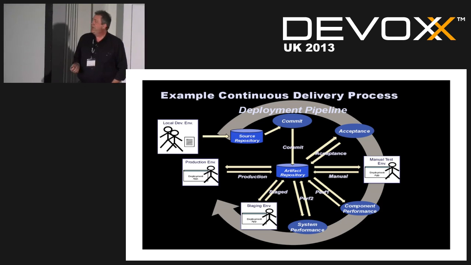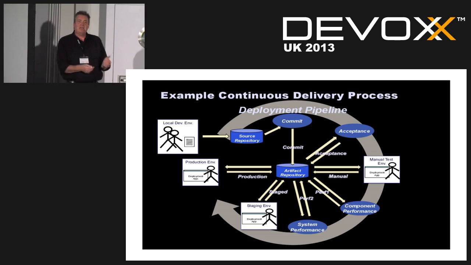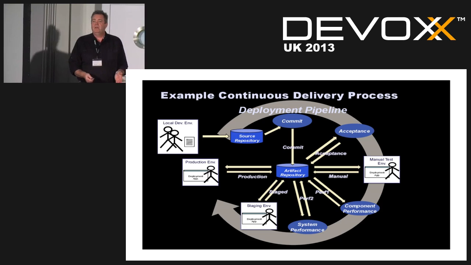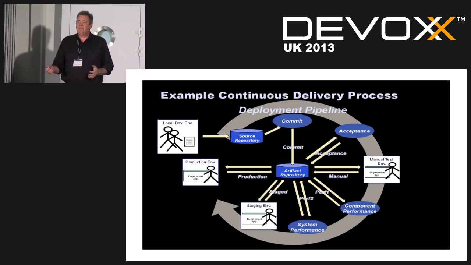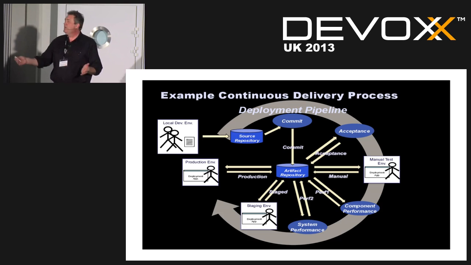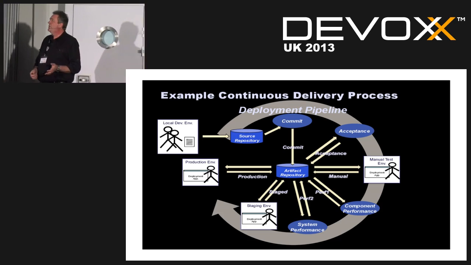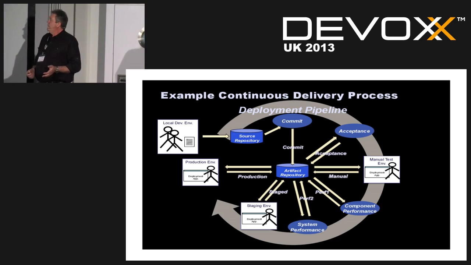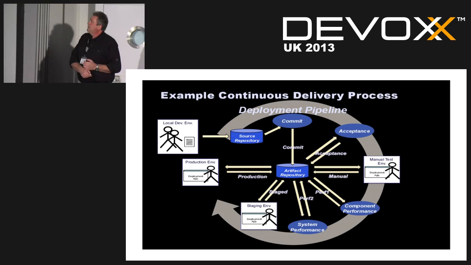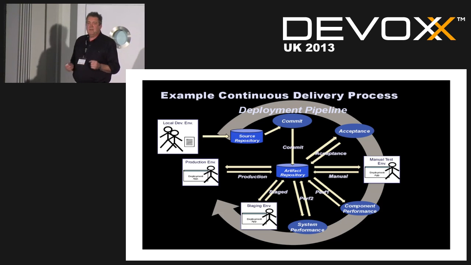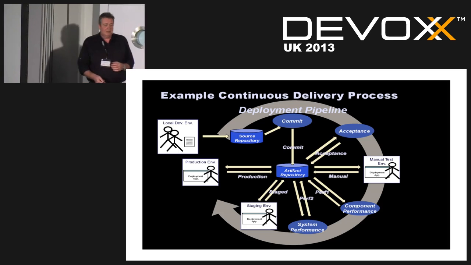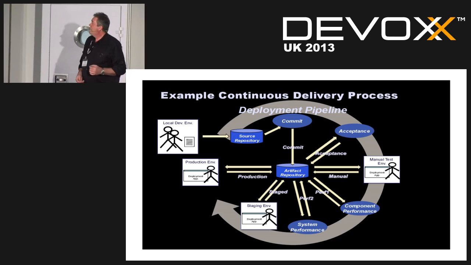The pairs would work together, and when they were happy, when they'd run the tests locally and proved that they were passing with the latest version of the code, that it integrated well with everything, they would commit their changes to the source code control repository. We call this the commit stage of the process.